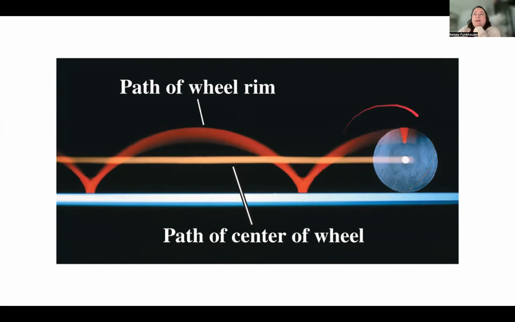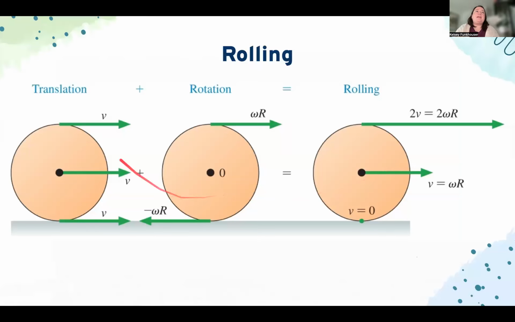Because the wheel is spinning along with rolling, a part on the edge is going to move more of a distance than a part that's just in the middle. What this looks like is translational motion plus rotational motion to give us rolling motion.